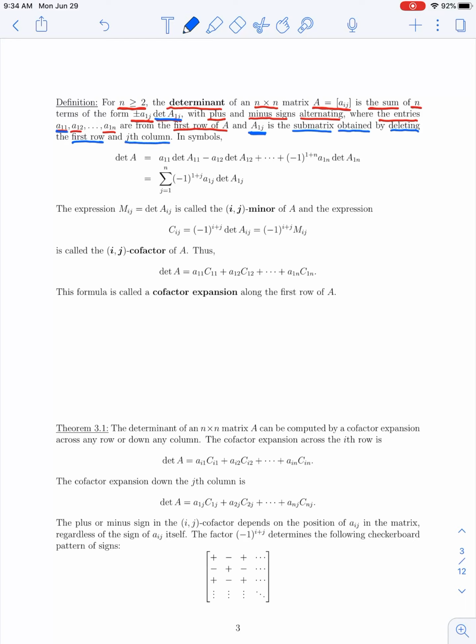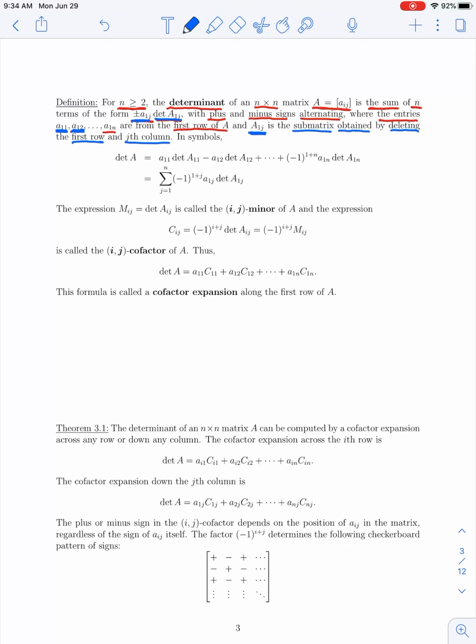Whenever I have my A11 entry, I would delete the first row and first column of my matrix and take the determinant of that submatrix. When I have the A12 entry, I would delete the first row but second column, or in general, for A1j, I would delete the first row and jth column.